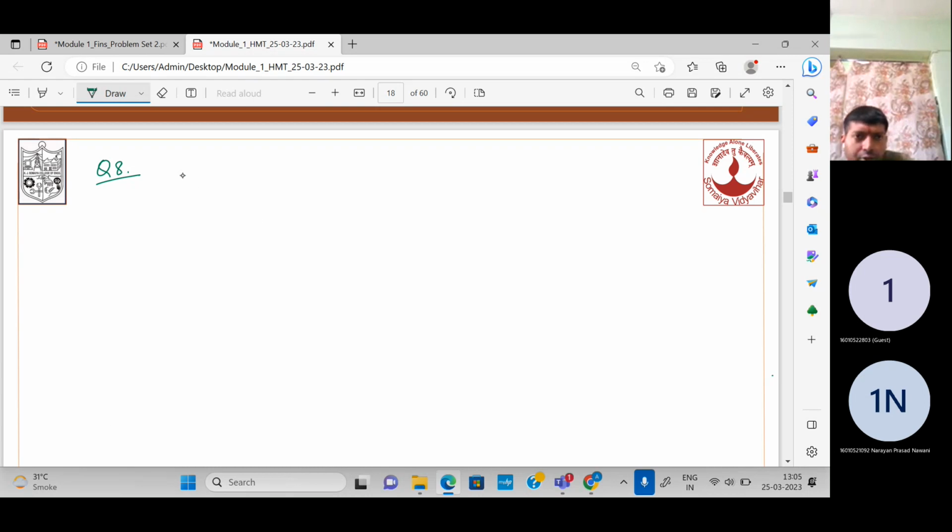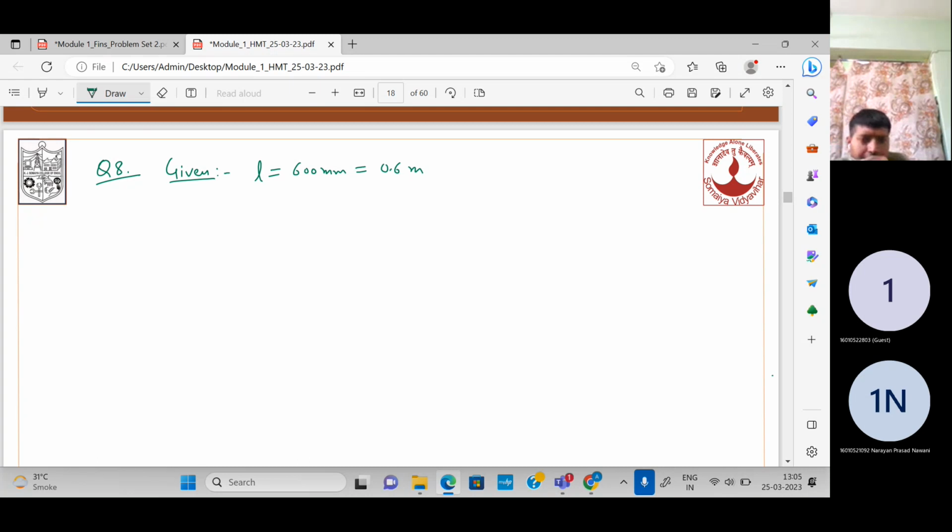The length is given. Sir, you are not audible. Yes, can you hear me now? Yes, sir. Okay. So the length of the fin is 600 mm, given in the problem. That means it is 0.6 meters.